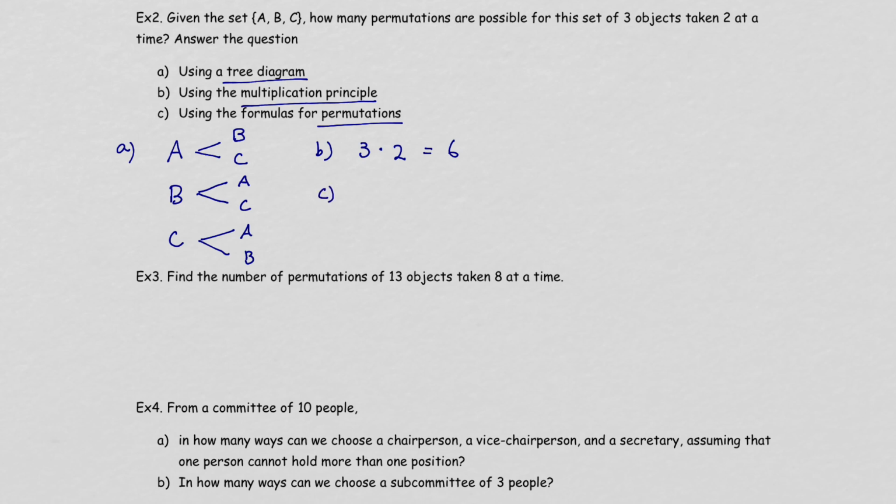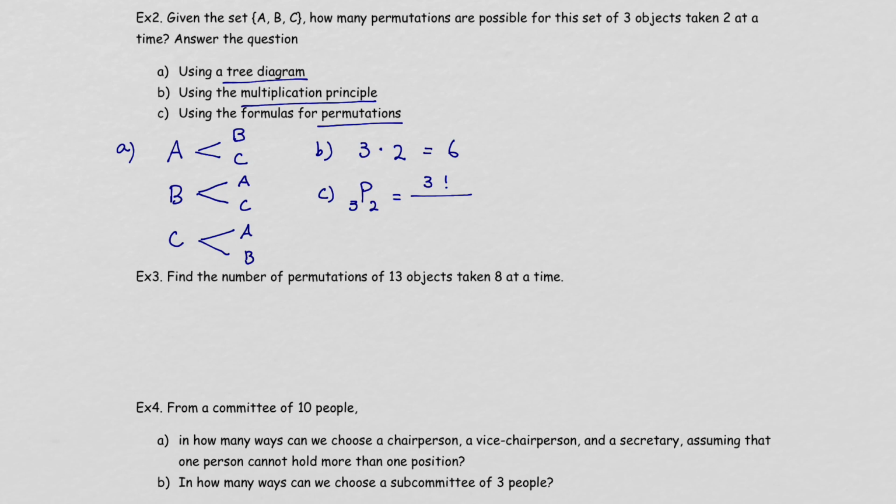What about if we use the permutation formulas? So permutation is saying out of 3, you're picking 2, right? So using the formula, you're going to get n factorial, which is the total, over n minus r factorial.